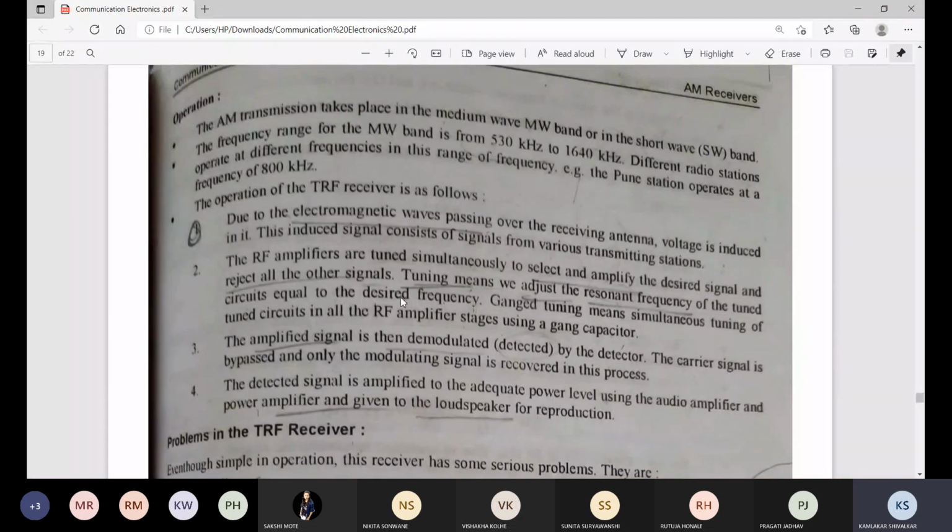As 800 kilohertz frequency is selected in the RF1 stage, and in the RF2 stage at that time मग पुन्हा काय केलेलं आहे that 800 kilohertz frequency signal is amplified in the RF2 or RF3 stage.